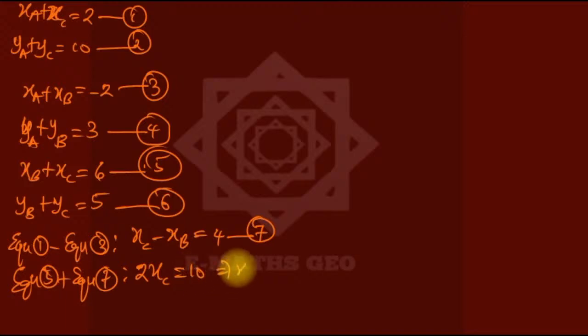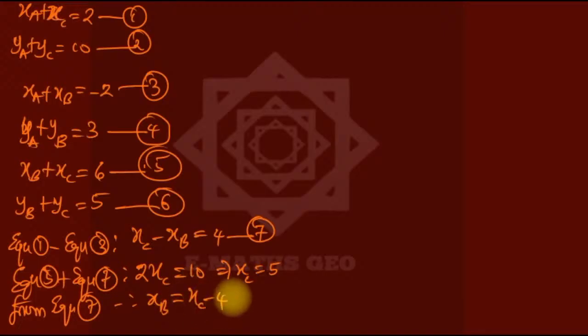So what do you notice? XC is 5. Therefore, from equation 7, we can get XB. XB is XC minus 4, which is 5 minus 4, which is 1. So we've gotten XC and XB.